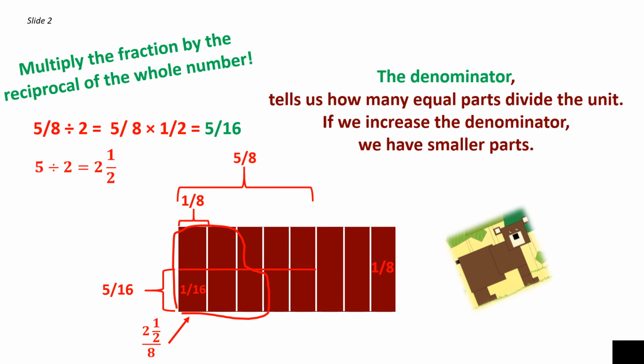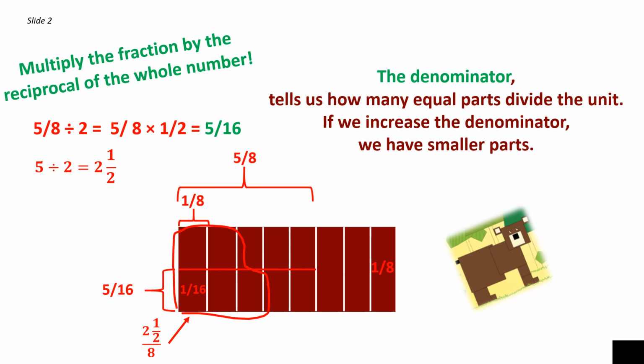Let's look at that computation one more time. We have 5/8 divided by 2. And in order to solve the problem, we've multiplied 5/8 by 1/2. And we found that our answer was 5 sixteenths.